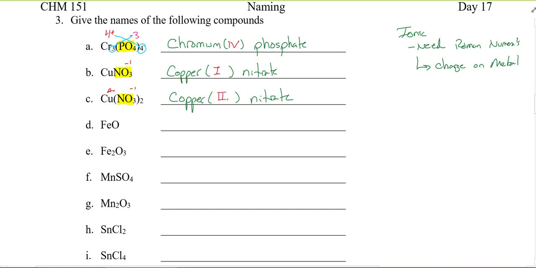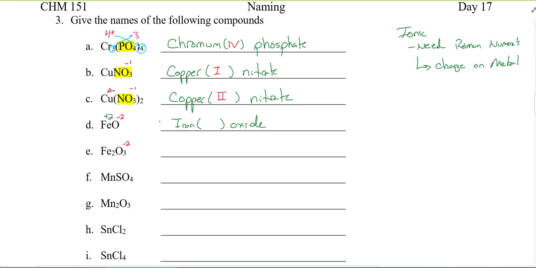The same holds true for D. I have iron and oxygen. So oxygen, we know oxygen's -2. So for D, I have iron, oxide. What iron do I have? Well, if oxygen is -2, this has to be +2 to even out, right?